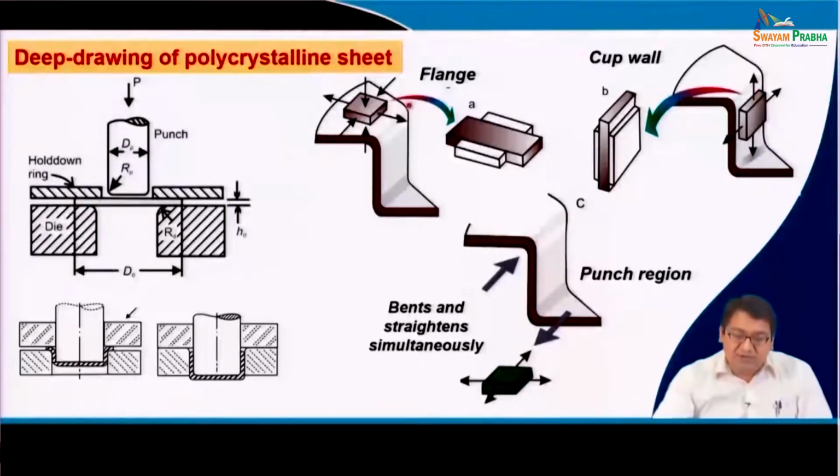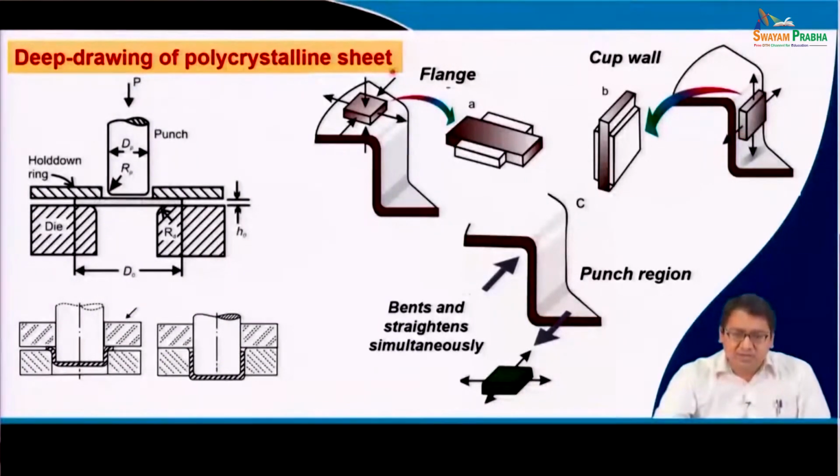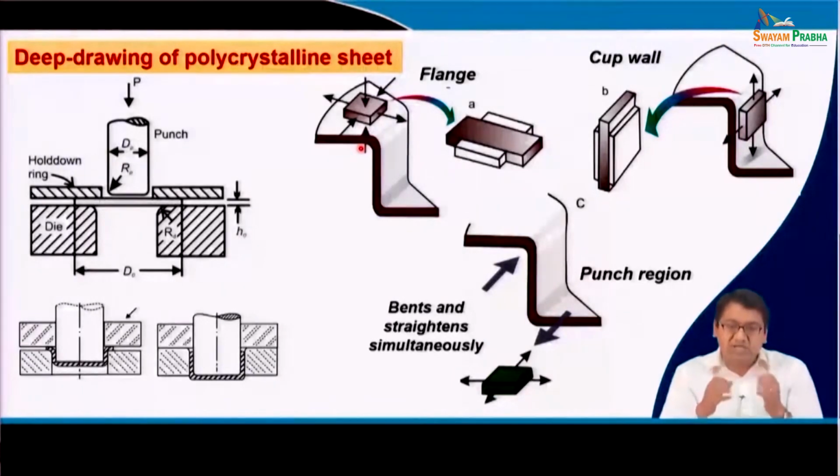So, in the flange area, in one direction it is tensile, another direction is compression. On the other hand, in the cup wall, both directions are in tension. You see the compression force by the hold-down ring is not that high to create a plastic deformation. It is just to hold down the material so that it does not wrinkle. So, it is not considered that much.